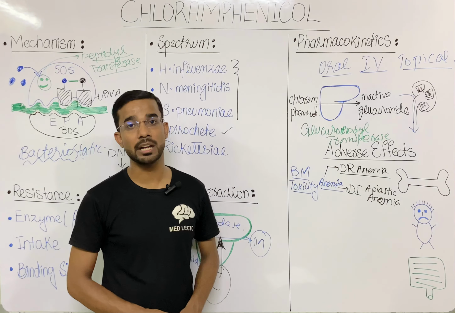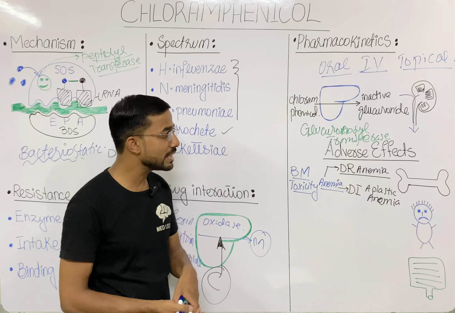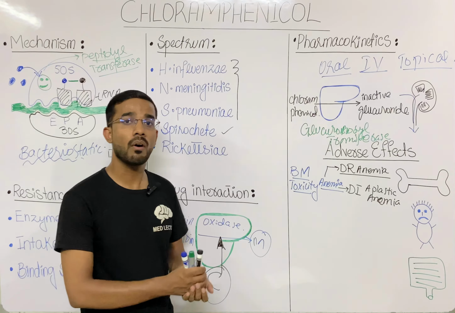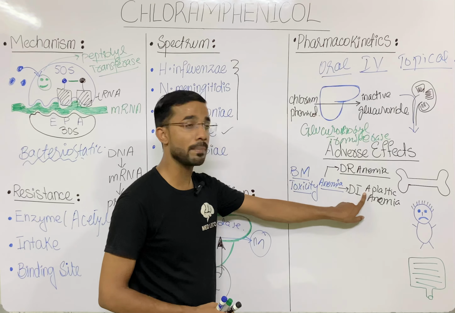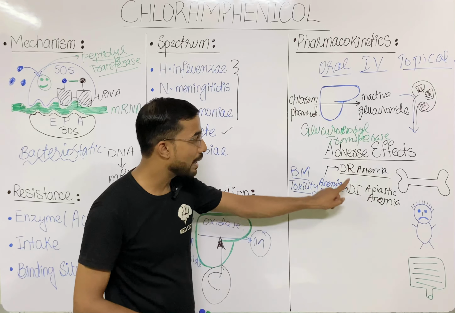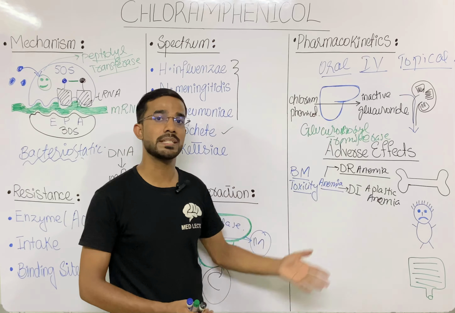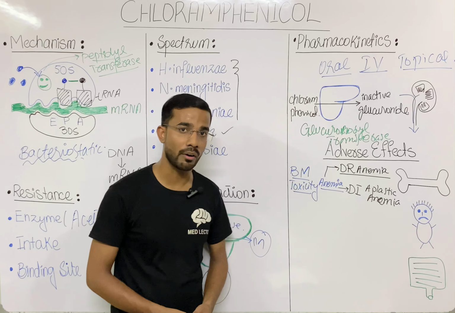You can easily check it through the CBC report, which shows all the different cell lines. Aplastic anemia is mostly irreversible, but dose related anemia is reversible if you stop taking chloramphenicol.